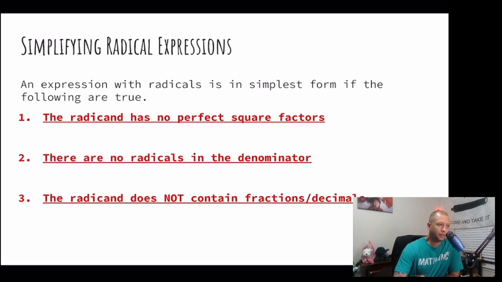So you know when an expression with radicals is in its simplest form because the radicand will have no perfect square factors, there are no radicals in the denominator if it happens to be a fraction, and the radicand itself, the part inside of the square root, does not contain any fractions or decimals. Those are the three things: no perfect squares, no radicals in the denominator, and no fractions inside of the radical.